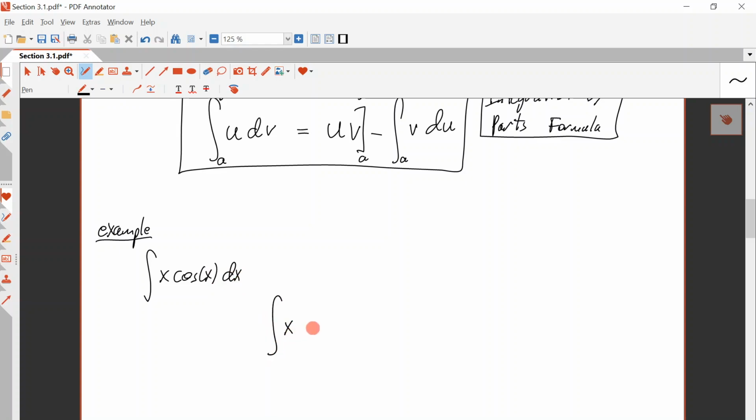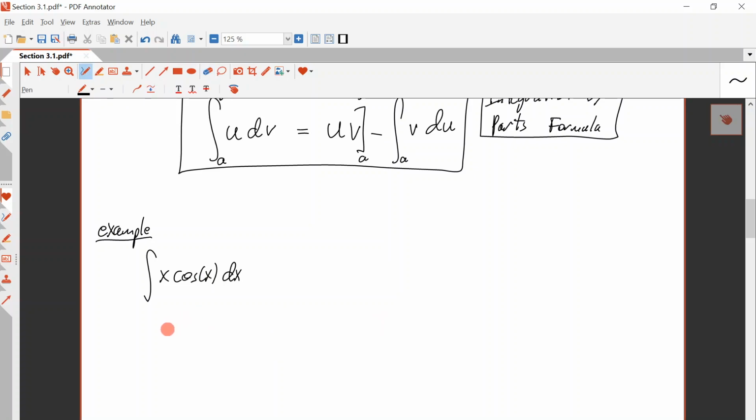Remember, we did something like this one in the section on substitutions. Here you would just let u equals x squared, and then because the derivative of x squared is 2x, give or take a constant multiple, that would cancel out that x and transform the antiderivative for x into an antiderivative for u. Okay, but that doesn't work here because it's not cosine x squared, it's just cosine x.